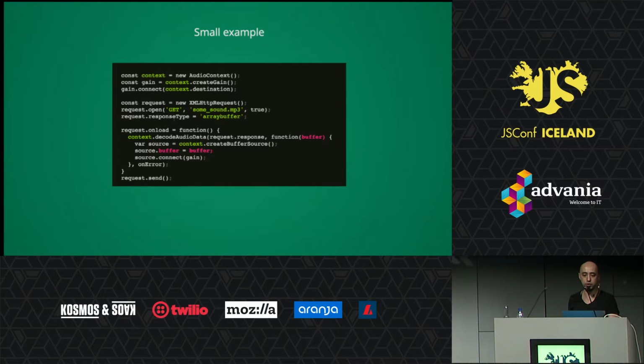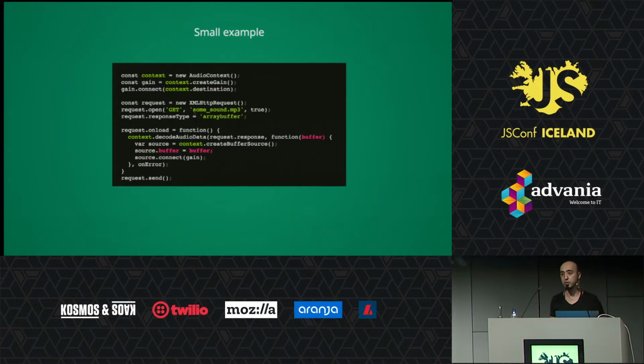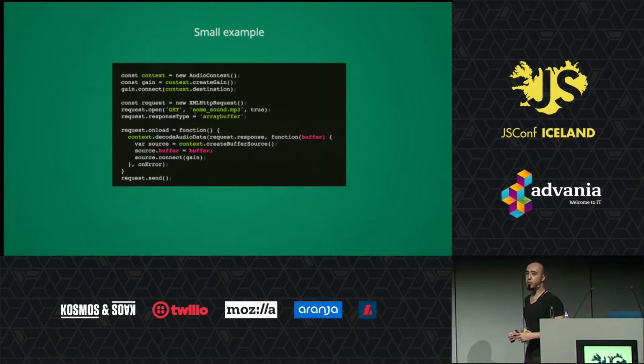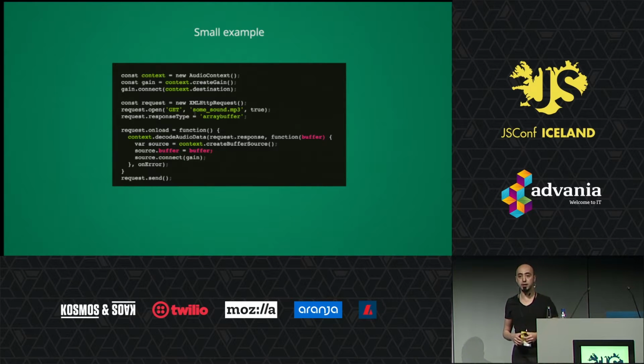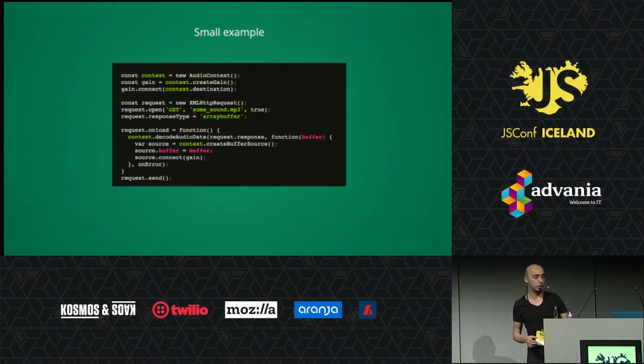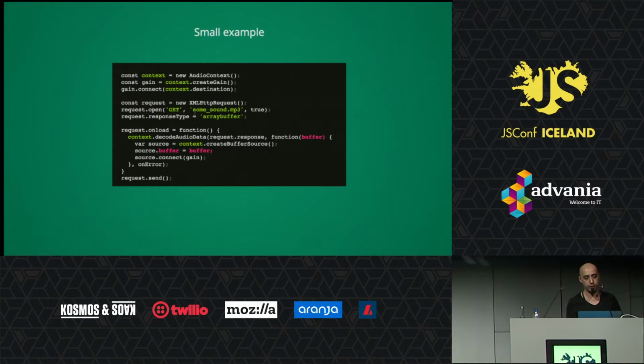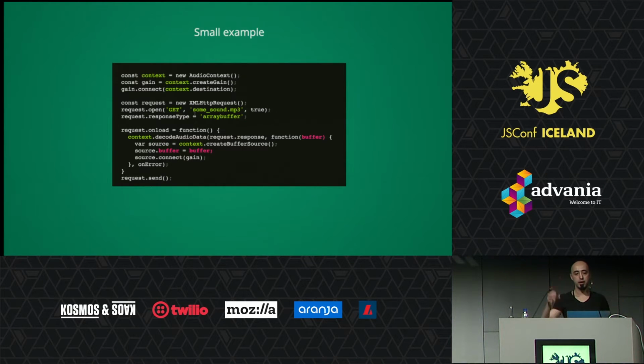Here's another example to basically load an MP3 file and use it as the source. You can create a buffer source and load the buffer that you downloaded from the internet, and connect it to the gain as the input. So this basically gives you a graph where the source is at the beginning, in the middle you have the gain, and in the end you have the destination. But this is basically as simple as this, loading an MP3 file.